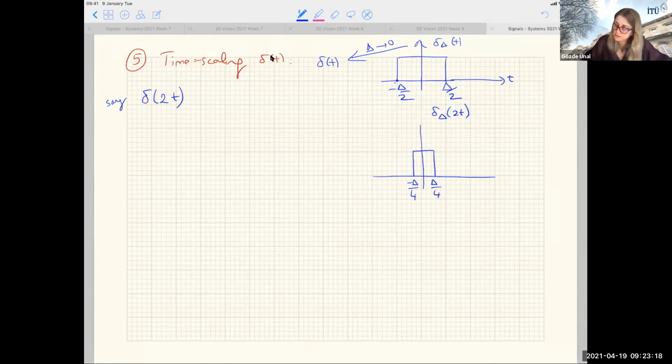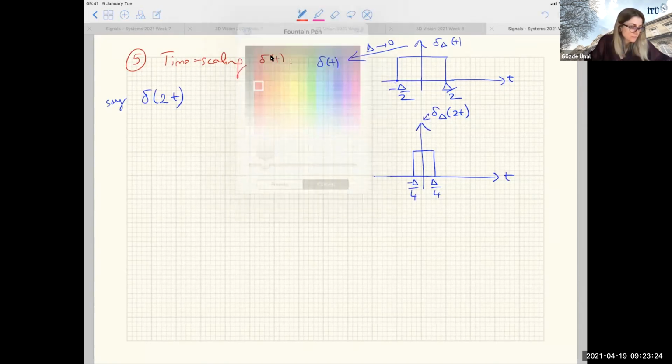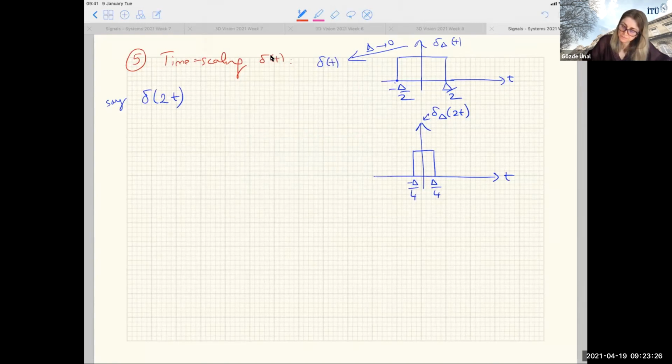You see here, this is the guy. This was 1 over delta. Again, 1 over delta, but this was the width of the signal, the delta, but here now its width is narrowed down, right? Scaled down by 2.